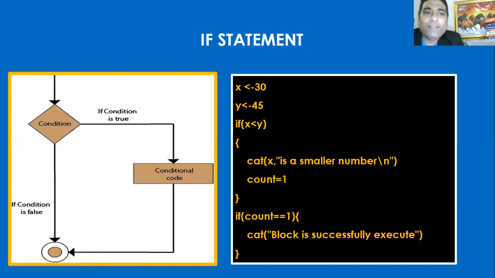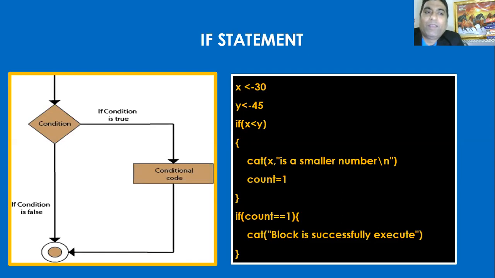Now the condition checks if x is less than y. Yes, x is less than y. So it will display using the cat function. The cat function is used to concatenate different things. Here it is concatenating the value of x and the string is a smaller number.